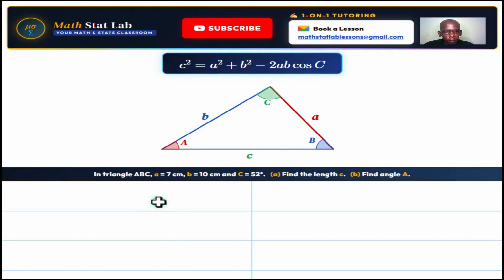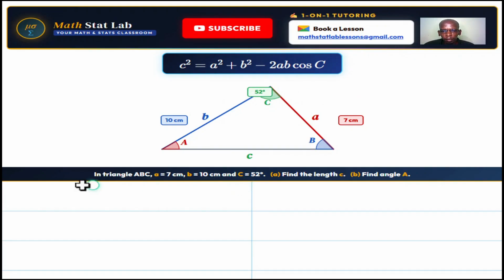Let us say we are given a question like this. In triangle ABC, this triangle here, a is 7 centimeters, b is 10 centimeters, and capital C is 52 degrees.